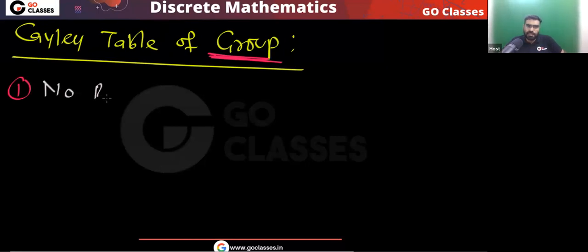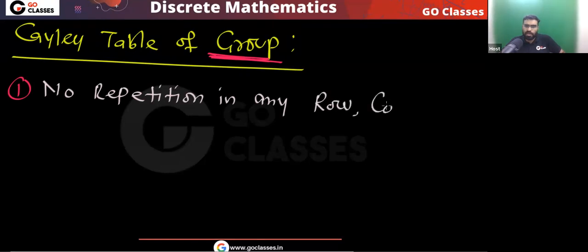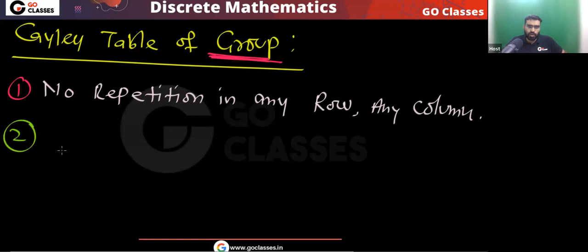Very simple. There is no repetition in any row, in any column. So this is the one property that you can use, that no repetition will happen in any row, any column.